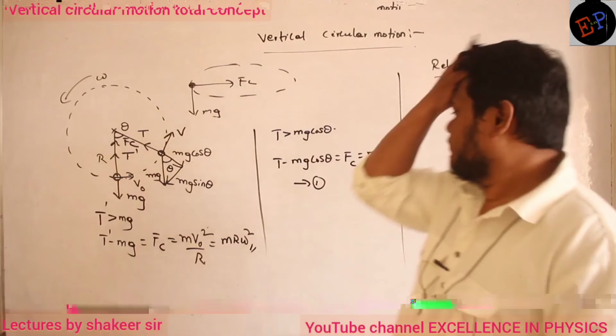Losing contact means what? It doesn't move in a circular path, it just falls down like this. Clear now? So that angle where it loses contact, I want to calculate. Losing contact means normal reaction should become zero. So just equate that equation to zero and see what answer you will get.